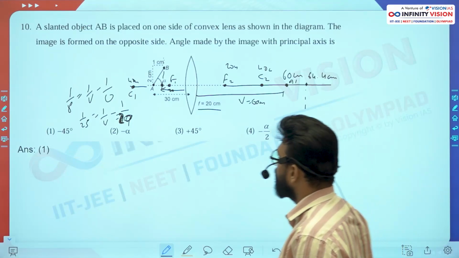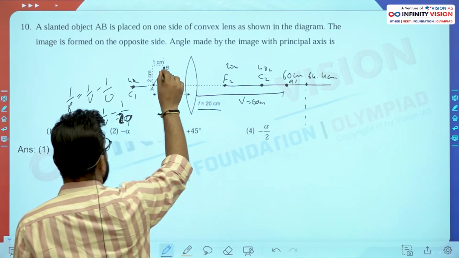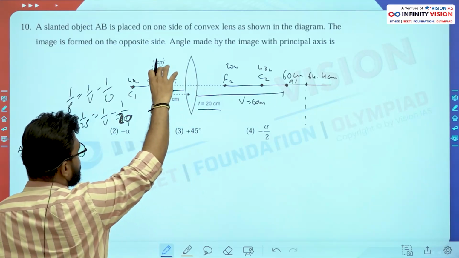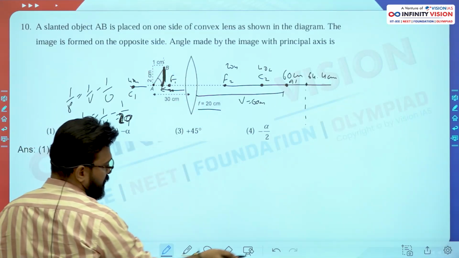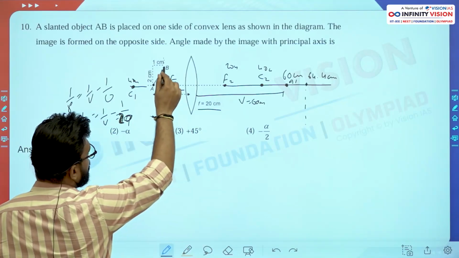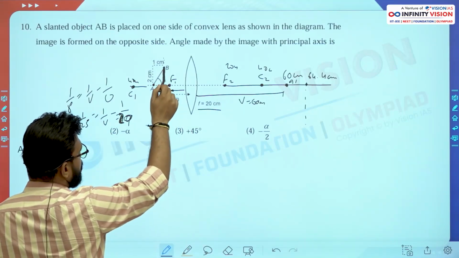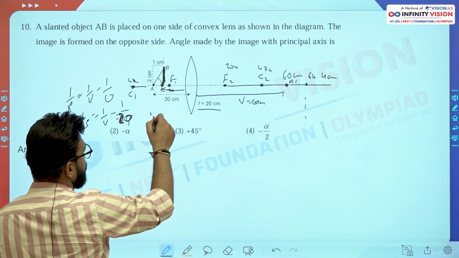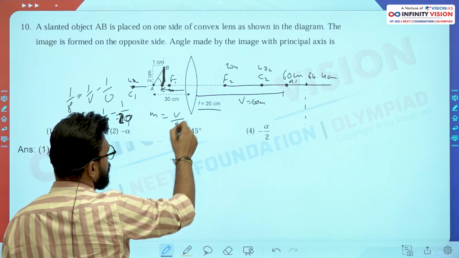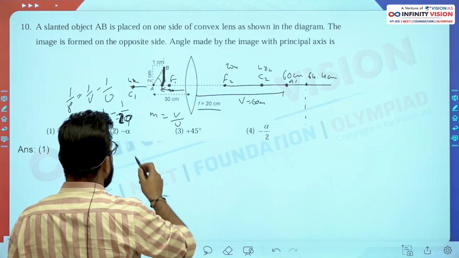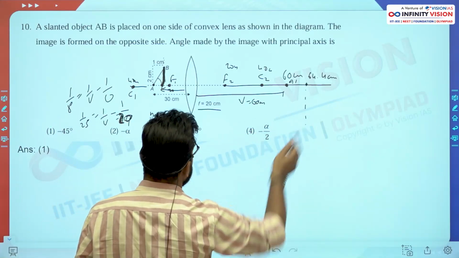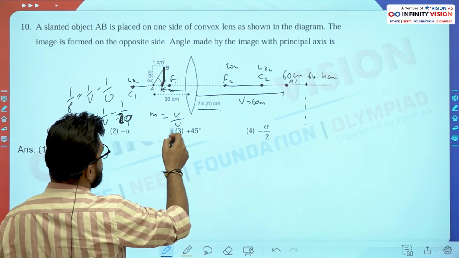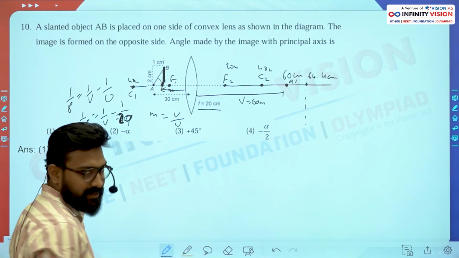Now, if I consider this as an object, just like an ordinary object placed at this particular point, it would have an image with magnification equal to plus V by U. V is already calculated as 64.4, and U is minus 29.